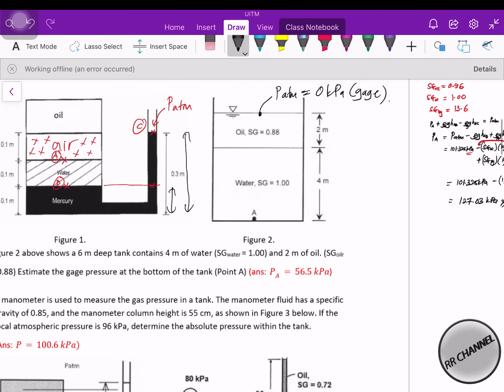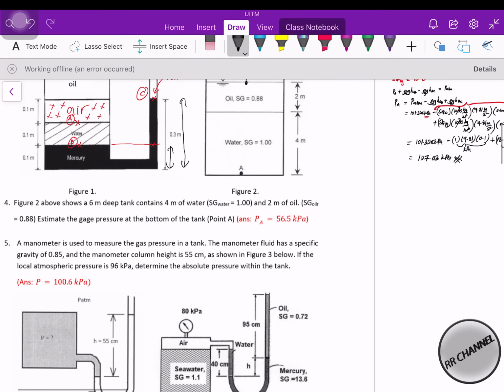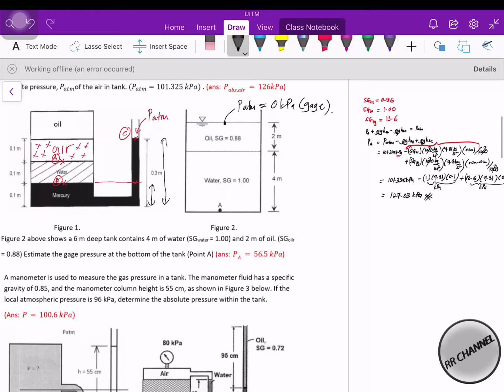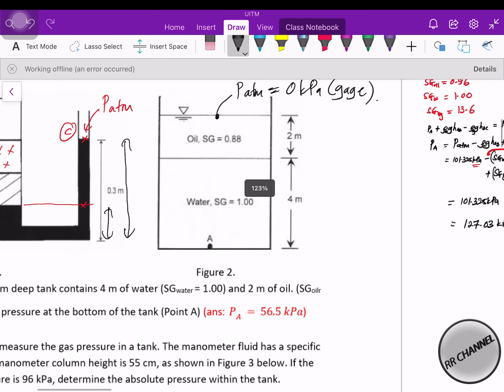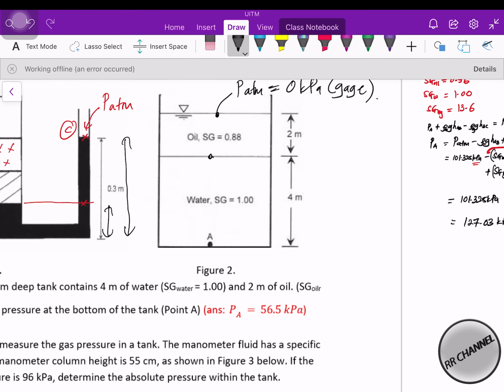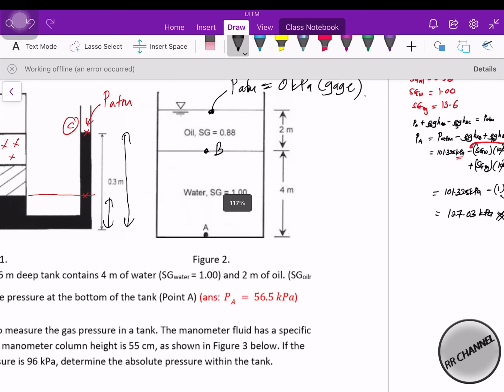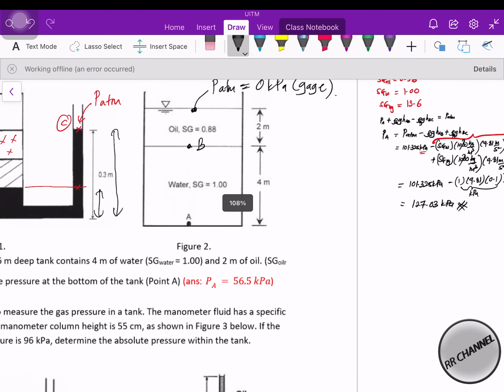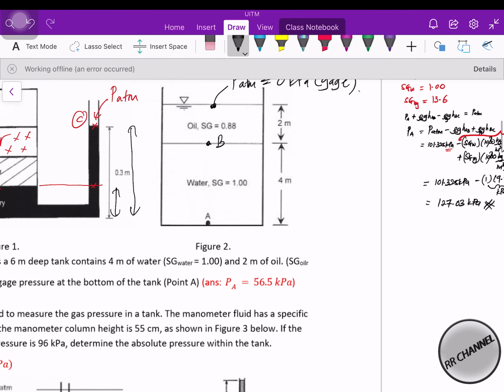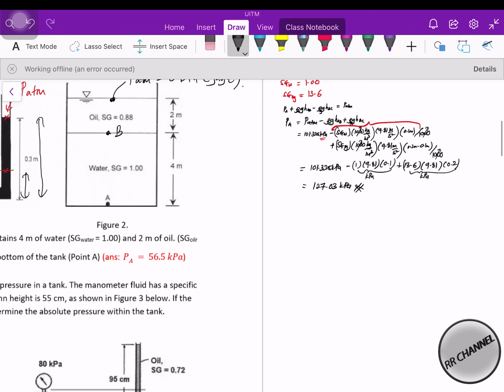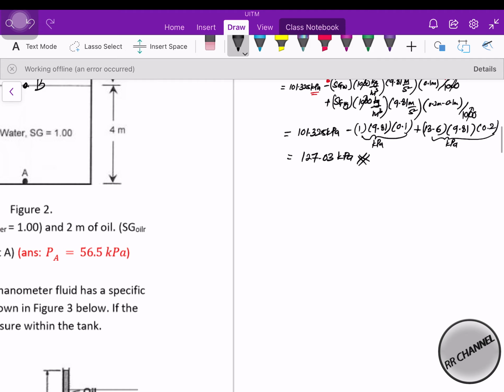Alright, so in order to solve this problem, we can start from point A, and then we look at point B here, and then we have atmospheric pressure at the top of that oil.